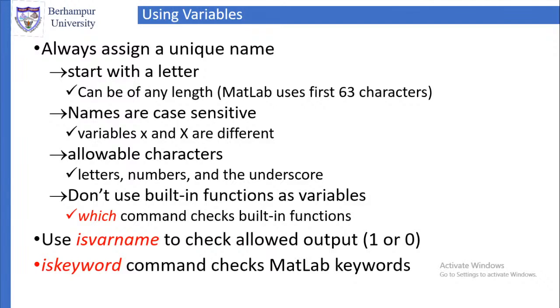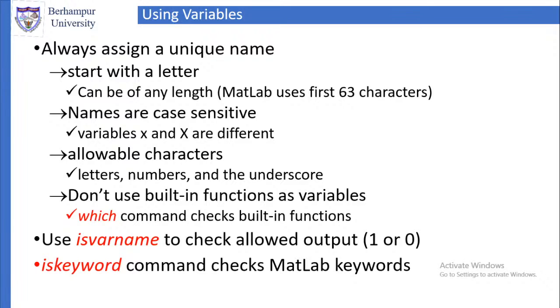So isvarname, then you write the name of the variable that you are trying to use, then put enter. The computer will return you 1 or 0. If the computer returns you 1, then the variable that you have written after isvarname can be used. If it returns you 0, then it cannot be used, or it indicates that you should not use it.